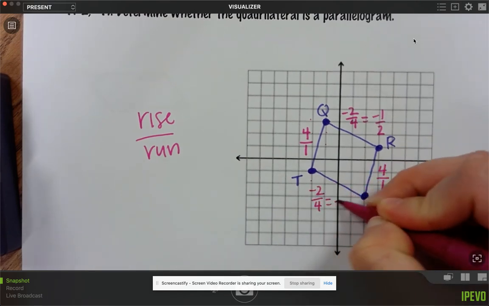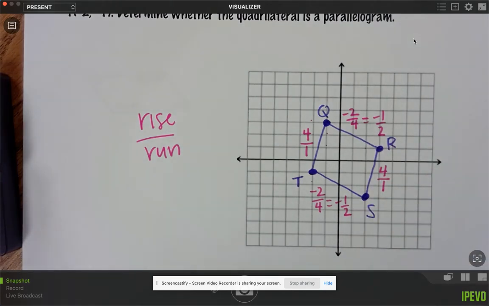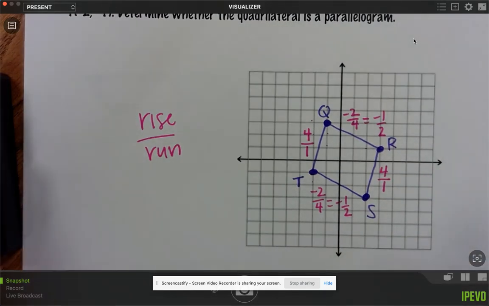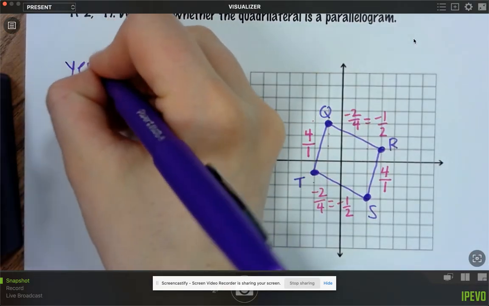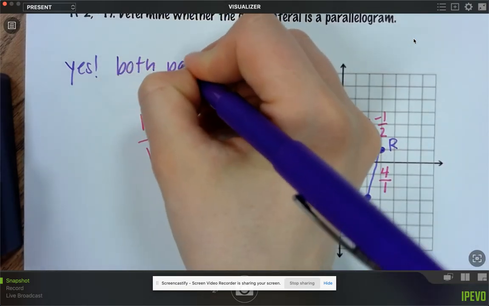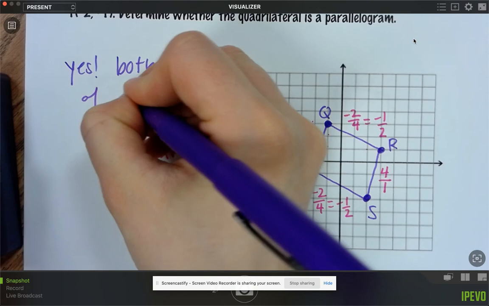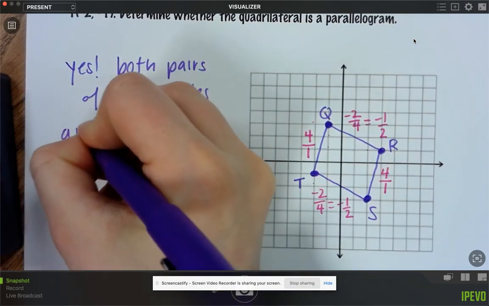Folks, looks pretty good to me. Do we have both pairs of opposite sides that are parallel? Yep. So this would indeed be a parallelogram. So we're going to say yes. Both pairs of opposite sides are parallel.